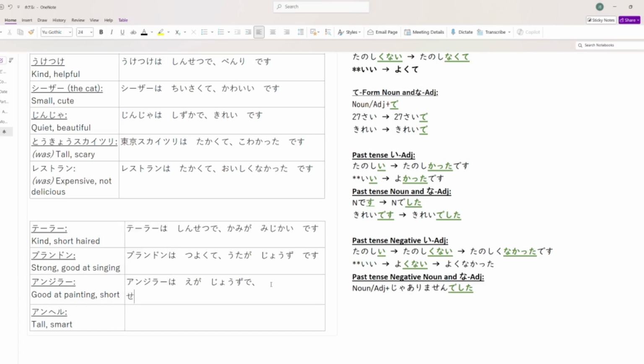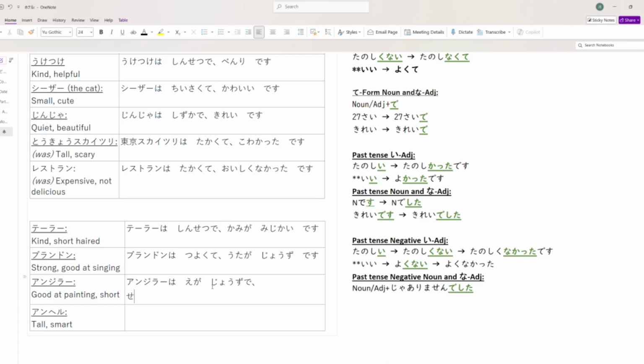Oh, this is where the se ga bit came in before. We would not do se ga as a whole here, right? It would just be se, and then the word mijika, and then ga.